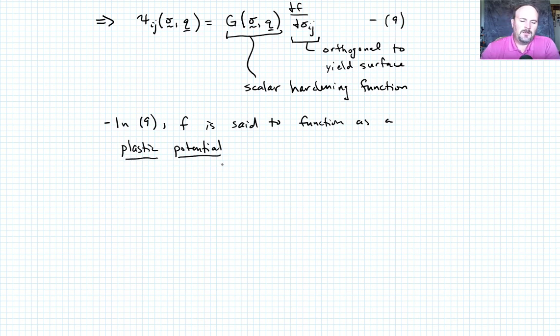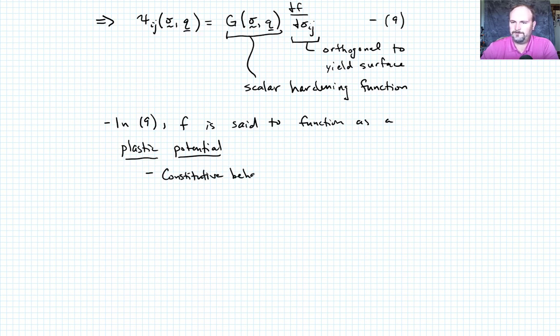I'm not at this time going to detail potential theory, but when you see a scalar function that we can take a derivative of to obtain another function, like in this case, we can take the derivative of f with respect to sigma ij, and we now get the direction of epsilon ij, we typically say that the function that we took the derivative of is a potential function.